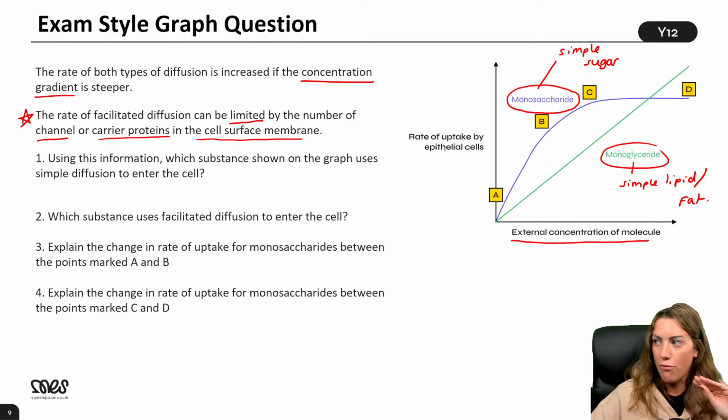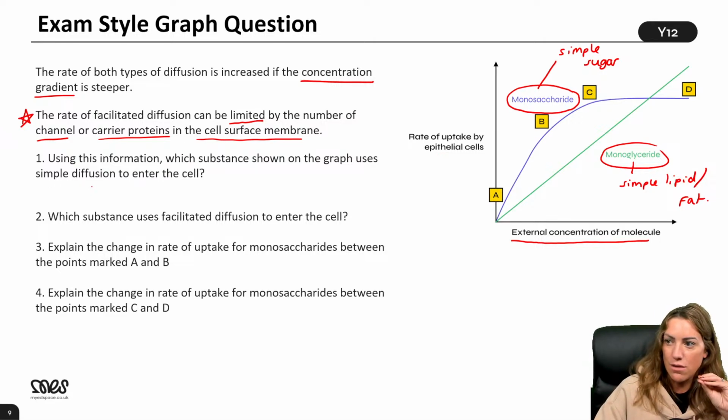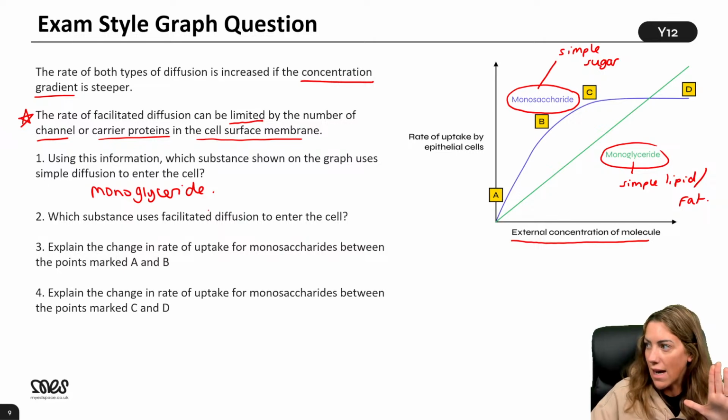And then we've got the rate of uptake. Good, you're giving me the right answers. I just want to know if you actually understand it. Which substance shown on the graph uses simple diffusion? It is the monoglyceride. How did we know that?